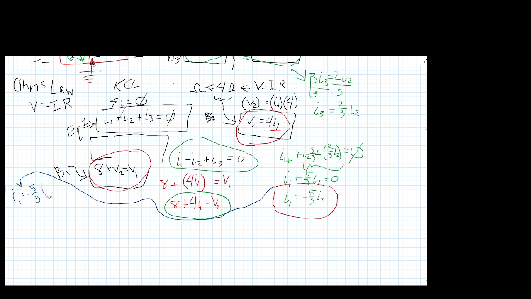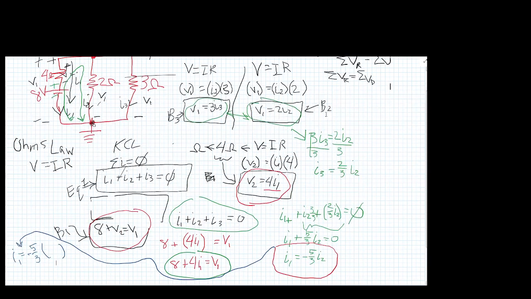And let's put our parentheses for our I sub 2. And our I sub 2, we'll get it from there. Our I sub 2 is equal to V sub 1 over 2. I just divided both sides by 2.